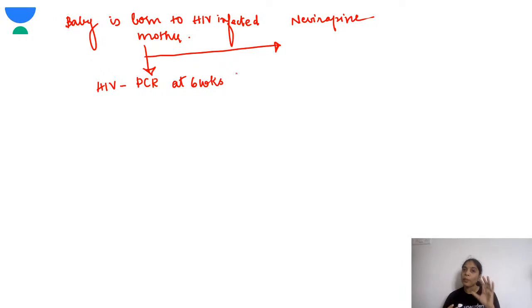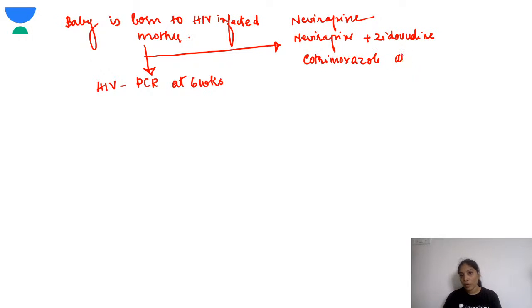If the mother has taken antiretroviral therapy, then nevirapine alone is enough. But if the mother has taken only intrapartum therapy, you have to give nevirapine plus zidovudine, and if the child is high risk, you have to give cotrimoxazole also, at 4 to 6 weeks.